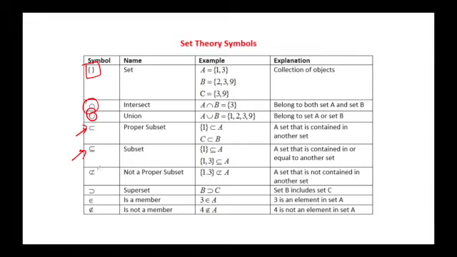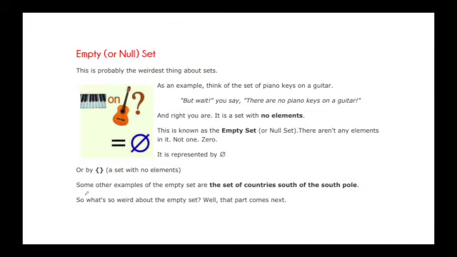If something is not a subset, you just cross it off. We have the element of, we have not an element of. And this superset thing is actually really easy. We'll get to that just now. So at the end of the day, this PDF has all of the information that you will need to really tackle sets. Now we have to talk about this set here, the empty set.